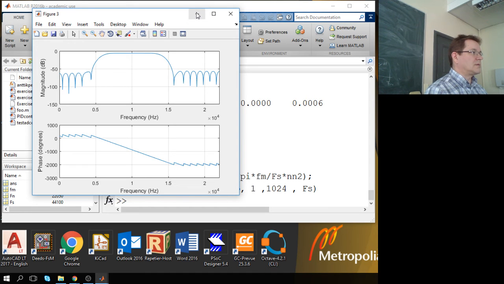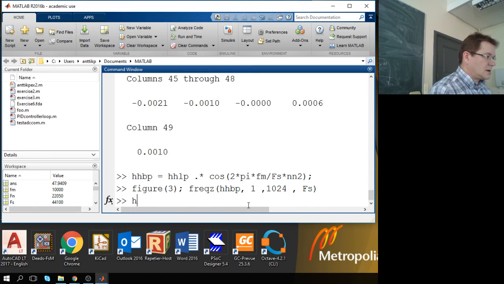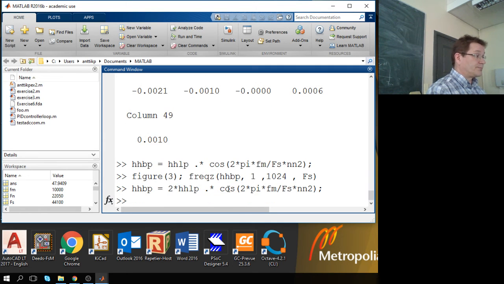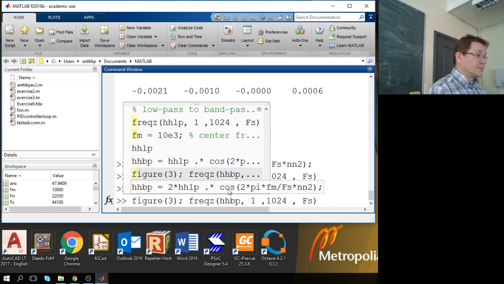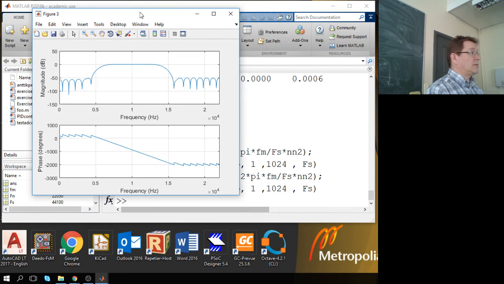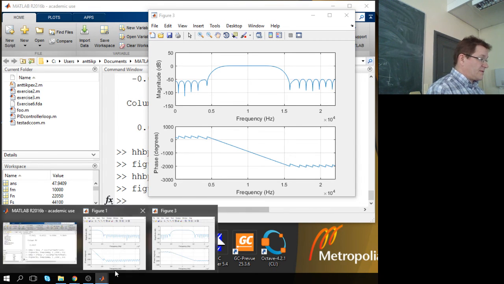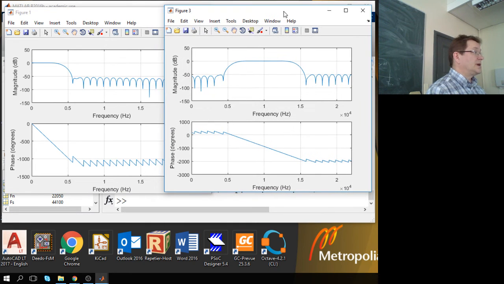Okay, so let's scale this one for low pass to band pass. You will scale this by multiplying by a factor of 2. Okay, now it's unity gain filter again. And the width of the filter is 2 times the cutoff frequency of the low pass filter.